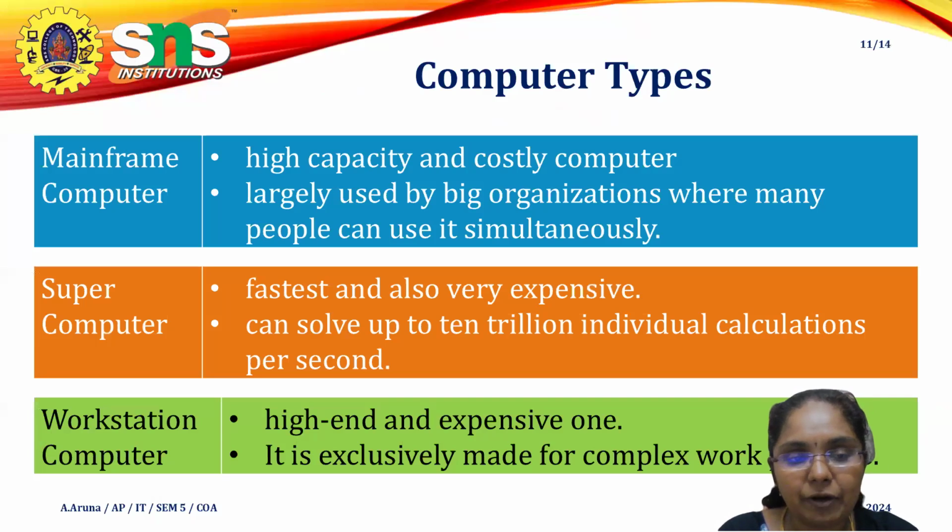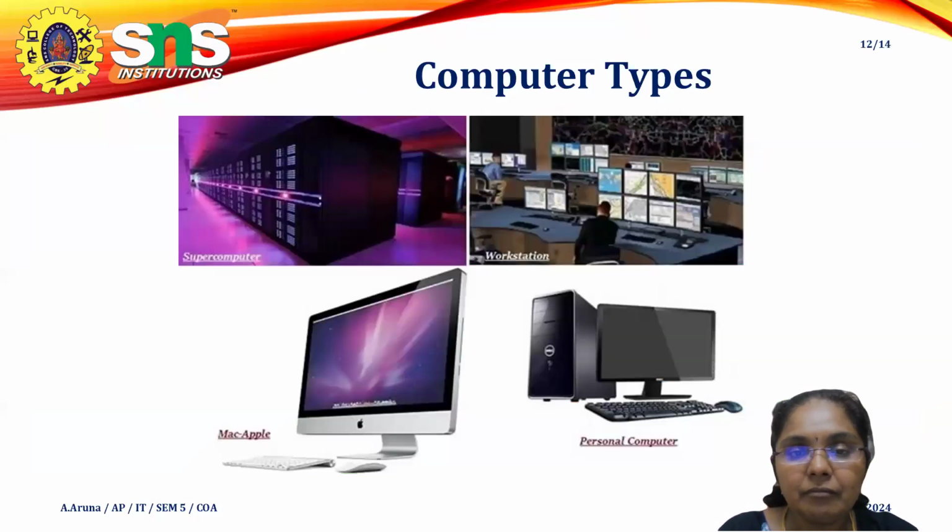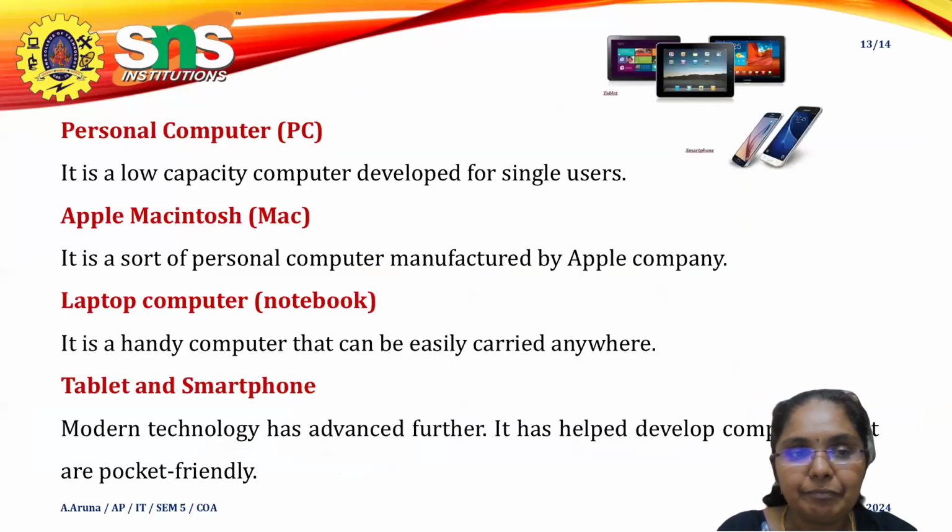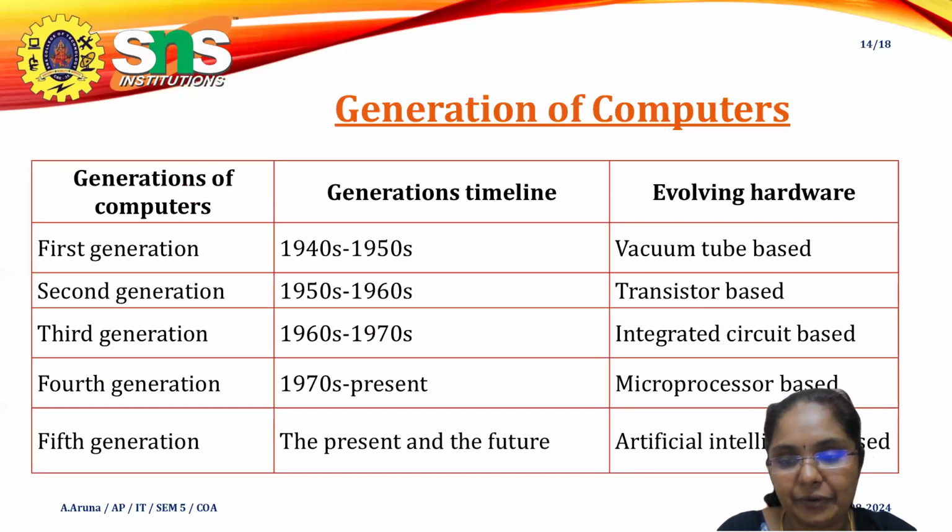For that, they go for a supercomputer. A workstation computer is high-end and expensive. It is exclusively made for complex work. So these are the various types of computers. You have a personal PC, Apple Mac, laptop computer, tablet, smartphone. These can be used based on the purpose and the application where we are using them.